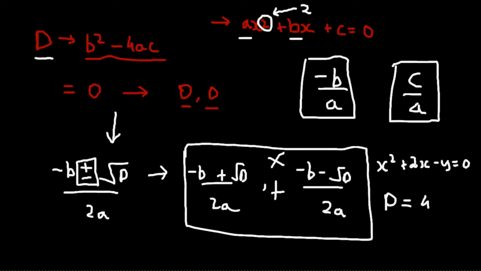Now just substitute the value of P, it's c by a, is equal to 4. Now you also know from this equation that a is equal to 1. You can see that x squared is actually equal to 1x squared, so the a is equal to 1. So from this you can say that c is equal to 4.